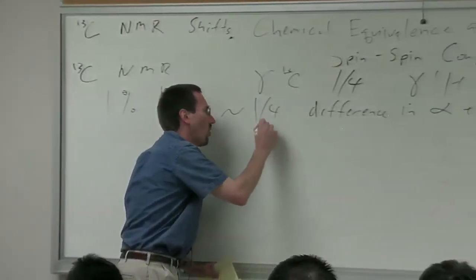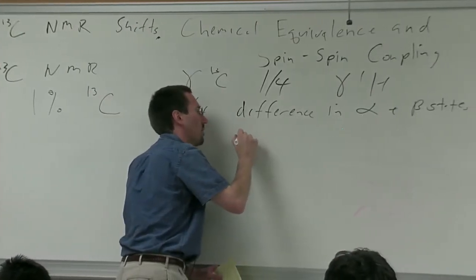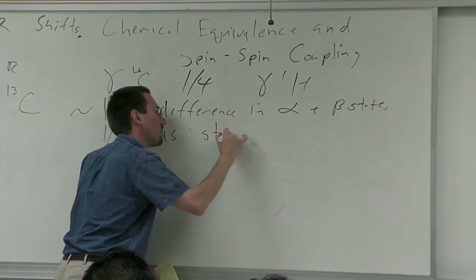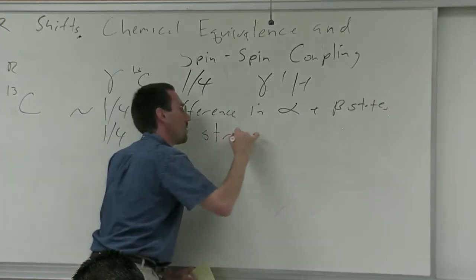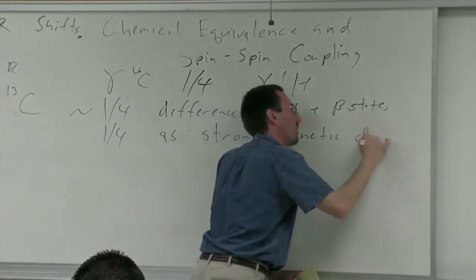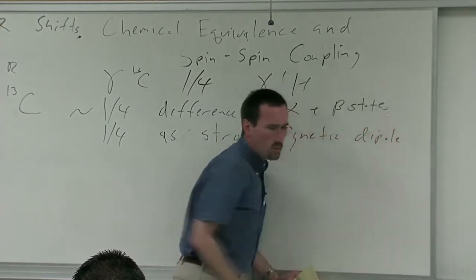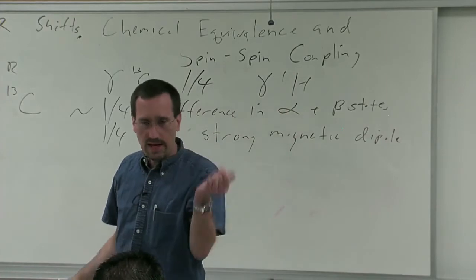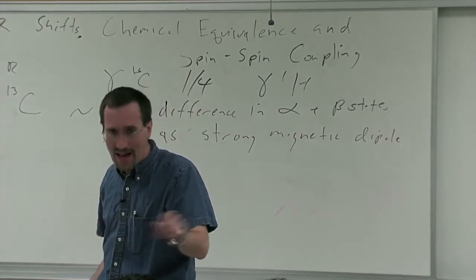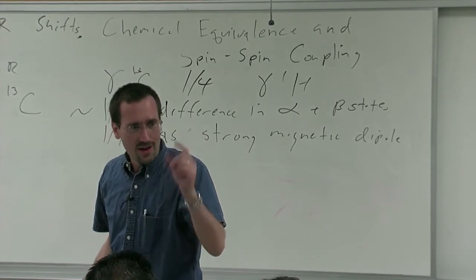Your dipole is only a quarter as strong. If you want to generate an electric current, like a generator, you want a big hunking magnet to spin in a coil.